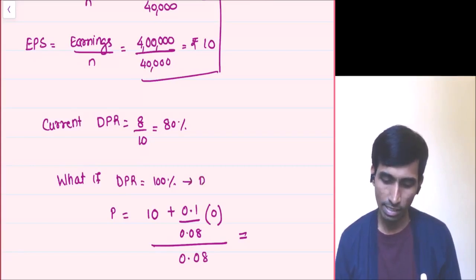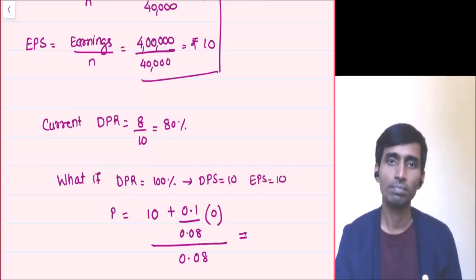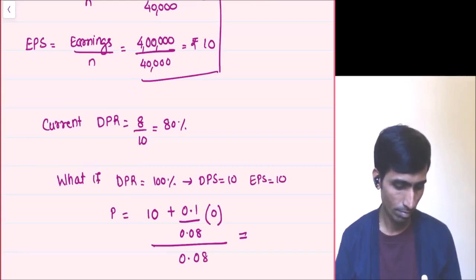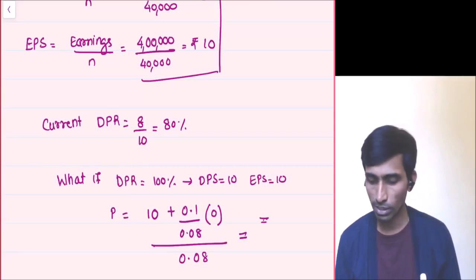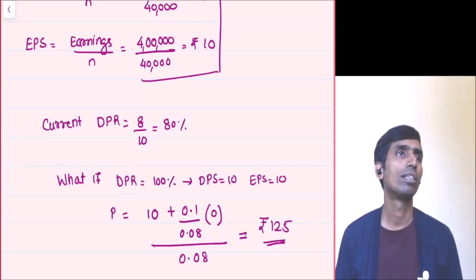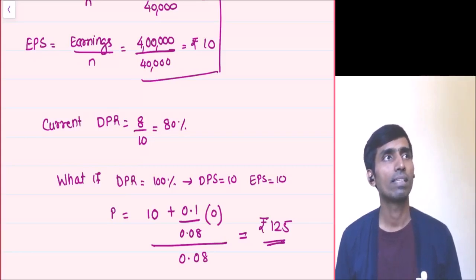Here you can write DPS is equal to 10, earnings is also 10. Here I get 125, 125 is the price.